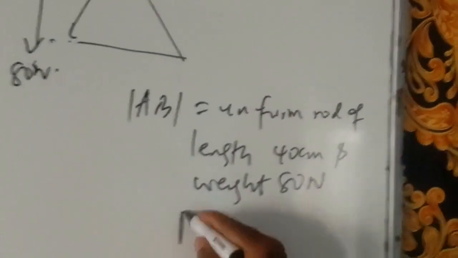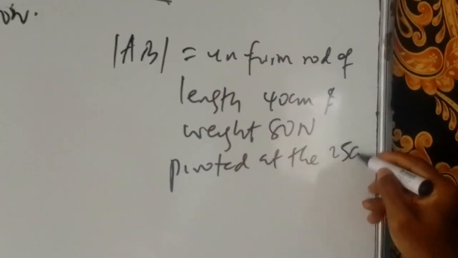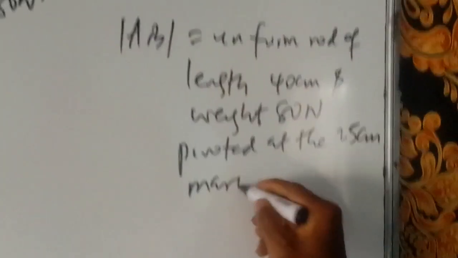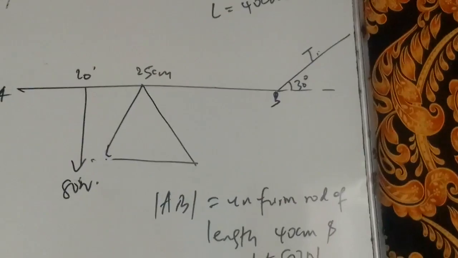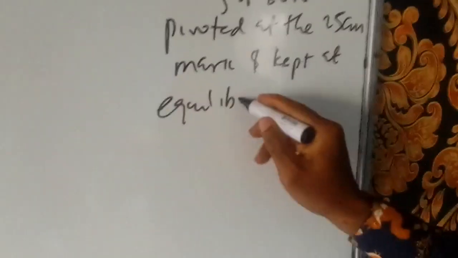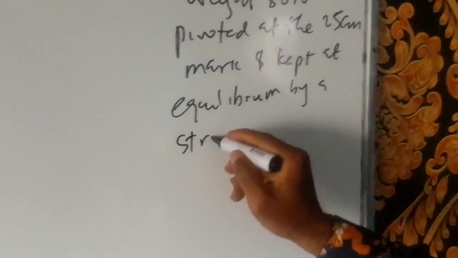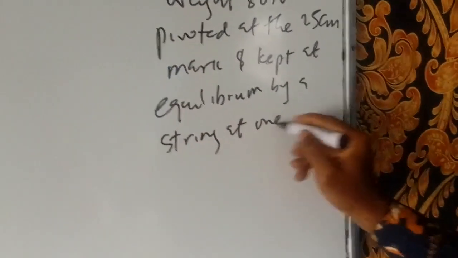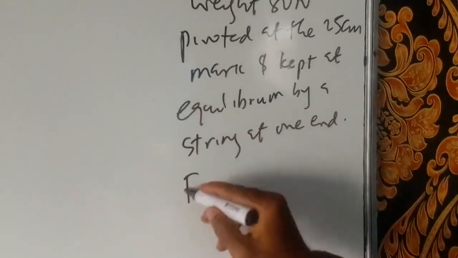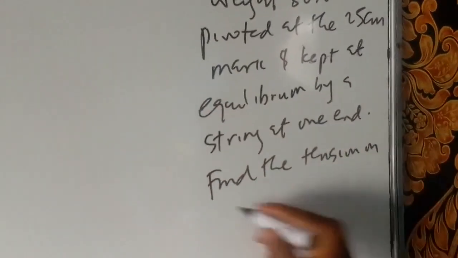It is pivoted at the 25 cm mark and kept at equilibrium by a string at one end. Find the tension on the string.